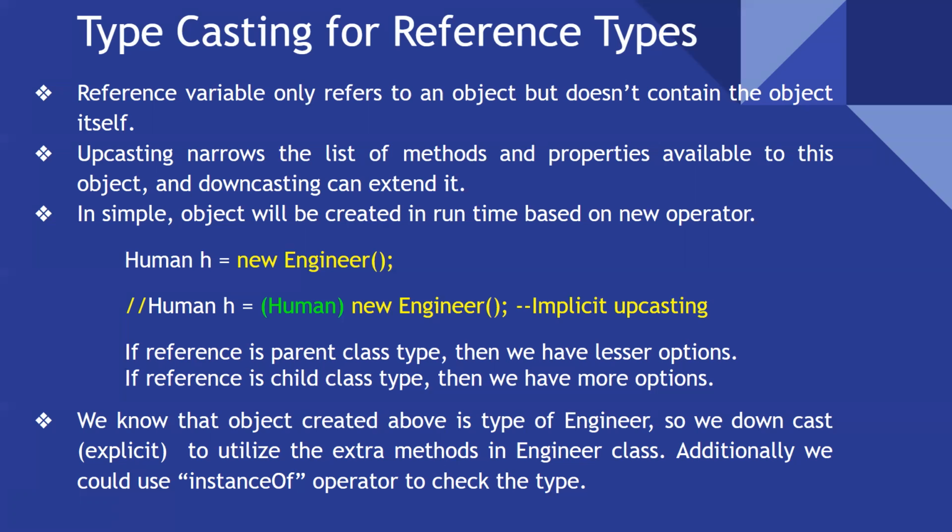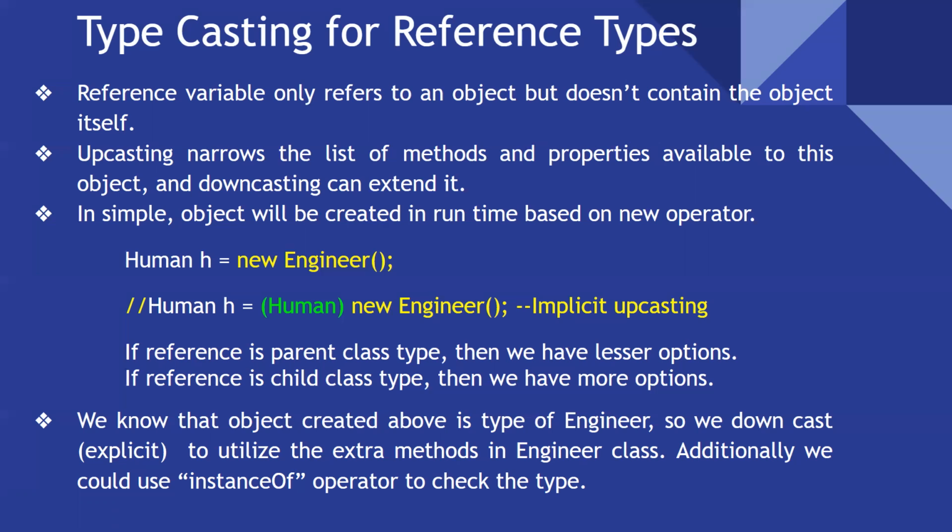You cannot use any methods or properties from your Engineer class. Why? Because the Engineer object itself will be created at runtime. That's the reason when you have the reference of the parent type, only the methods and properties available in the parent class can be used.